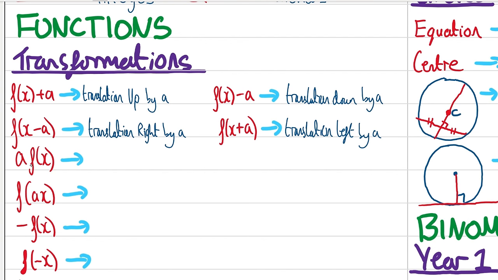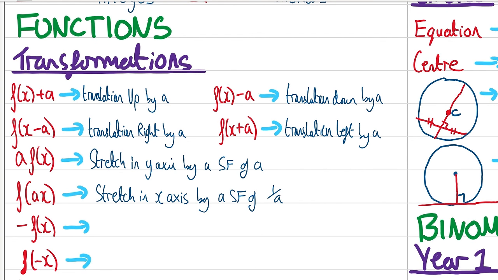If I do a f of x, again, that's outside the brackets, that will affect the y coordinate, and that's going to stretch in the y-axis by a scale factor of a. And if I do f of ax inside the bracket, that is going to stretch in the x-axis, which does the opposite of what you expect, so it will be a scale factor of 1 over a.